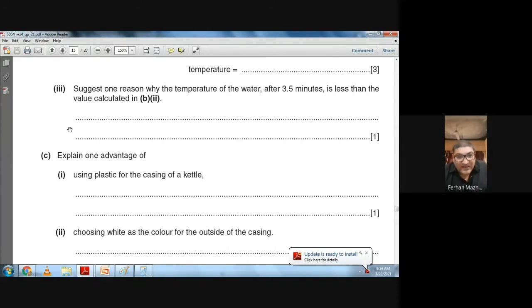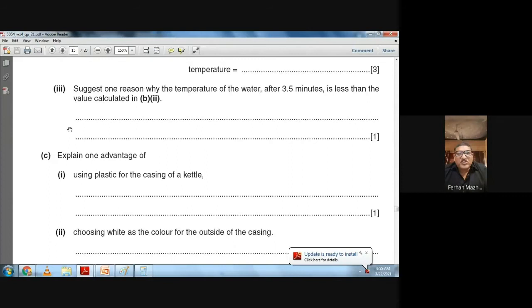In practice, when you heat the water in the electric kettle for 3.5 minutes, the temperature will be less than 91. Theoretically we calculated 91 degrees centigrade, but in reality it will be less. The question is why.